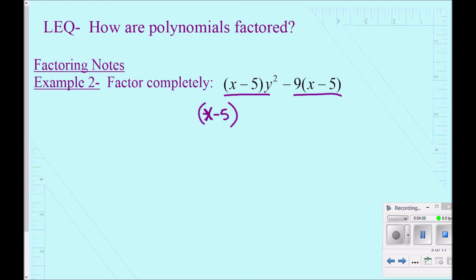When I factor that out, I'm left with x minus 5 multiplied by y squared, and then I bring down the minus sign, and x minus 5 is multiplied by 9. So that's my first step. Now I see y squared minus 9 is a difference of squares. So I'm going to keep the x minus 5, again in parentheses. And I'm going to factor y squared minus 9 into y plus 3 and y minus 3.